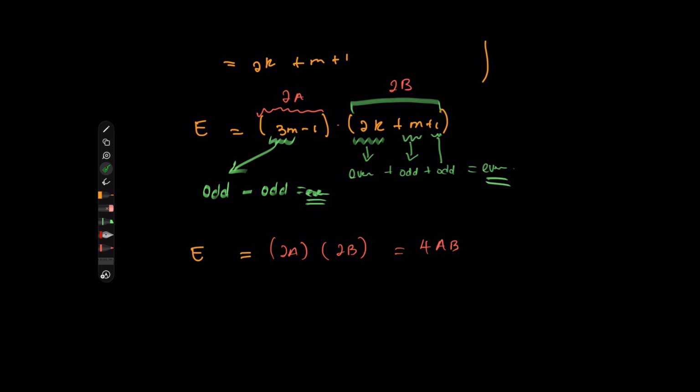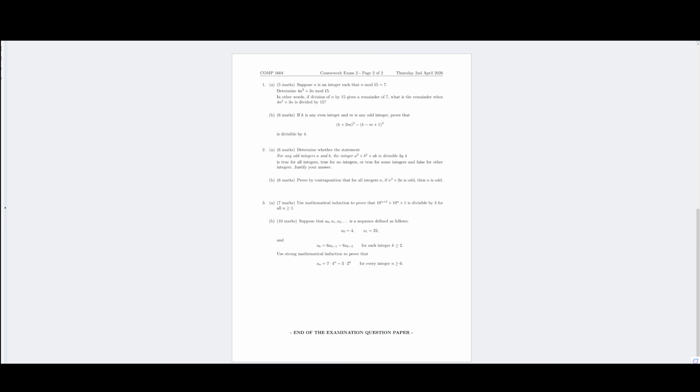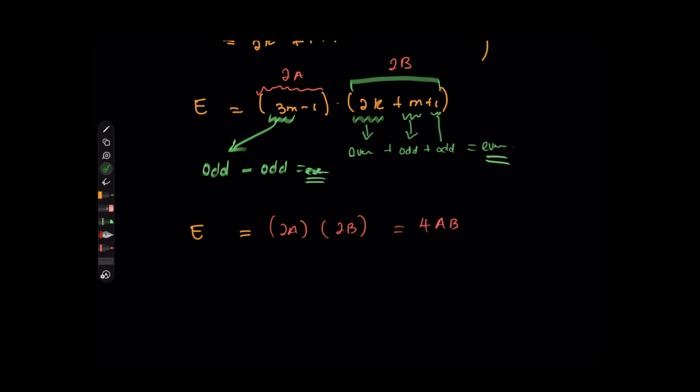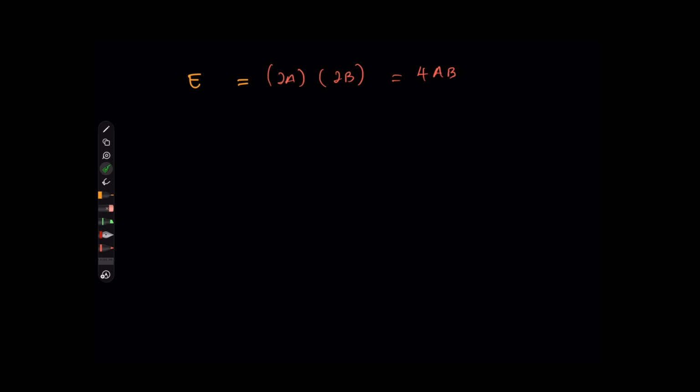Right, so moving on, this was the end of question 1. So moving on to question 2 now. We have a statement here and we have to determine a bunch of stuff. Is it true for all integers, none of them, etc.? So let's rewrite the statement.